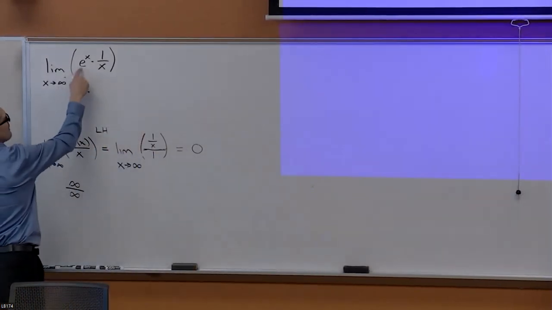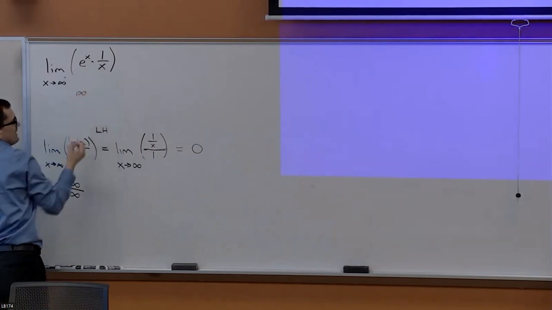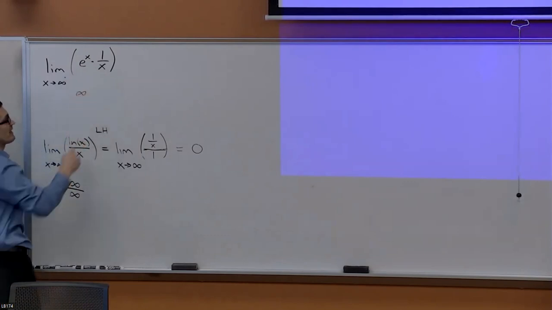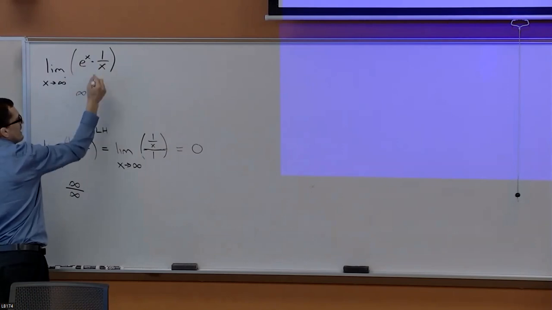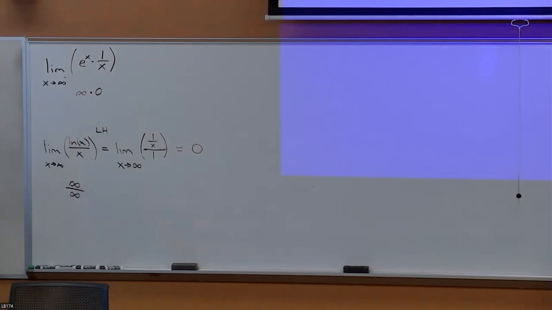If you think about plugging in infinity, e to the infinity is infinity, going really, really big. 1 over infinity is like a 0. So this is the indeterminate form, infinity times 0. Remember, another indeterminate form is infinity times 0.